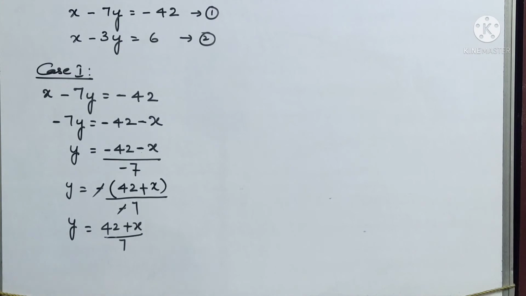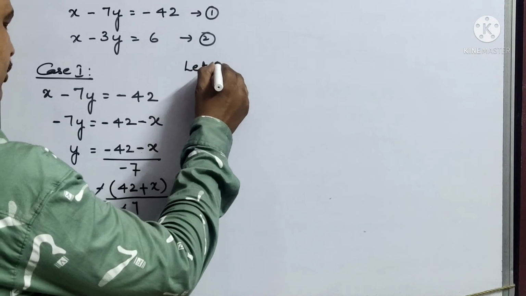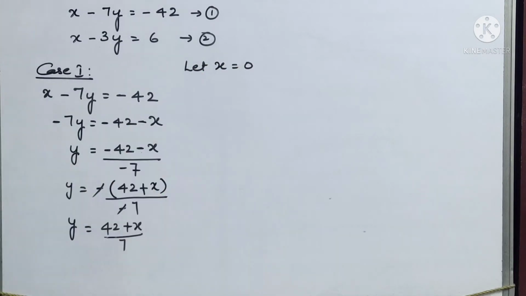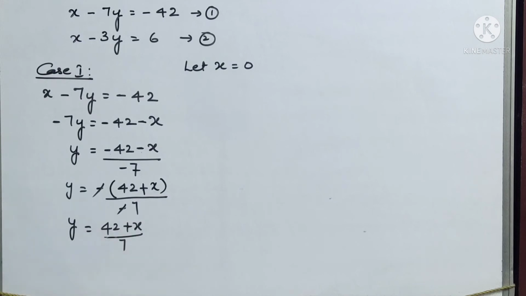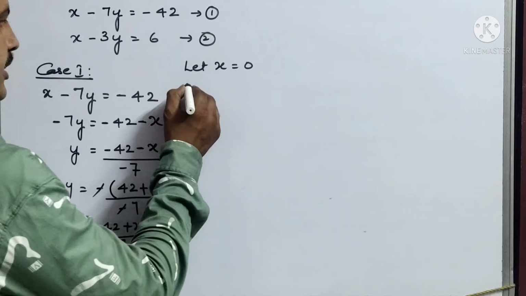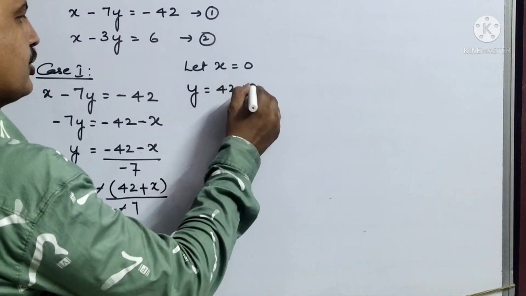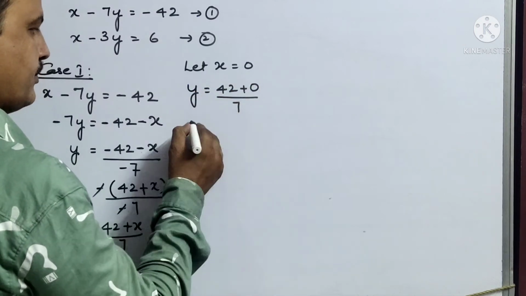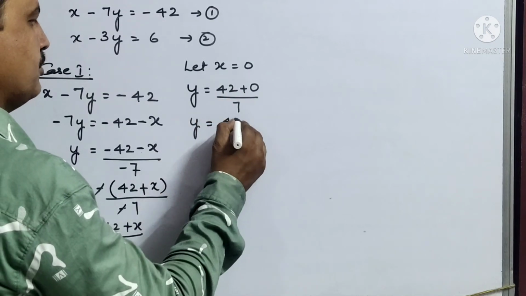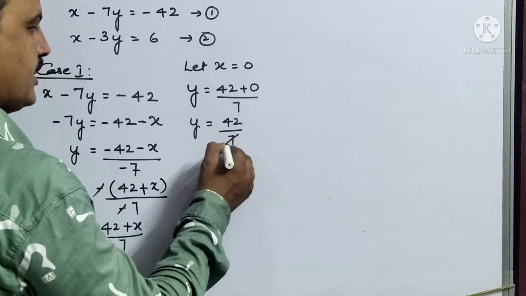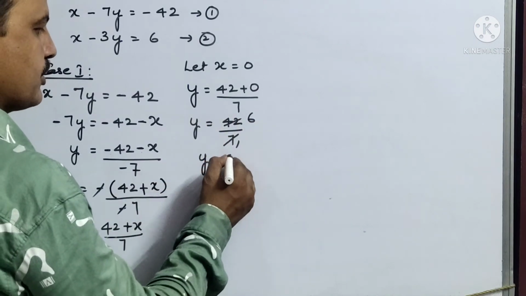Okay, so here let x equals to 0. If you take 0, 42 plus 0 is 42. 42 by 7 very easily, right? See here. So y equals to 42 plus 0 by 7. So y equals to 42 plus 0 is 42 by 7. 7 ones 7, 7 sixes 42. So y equals to 6.